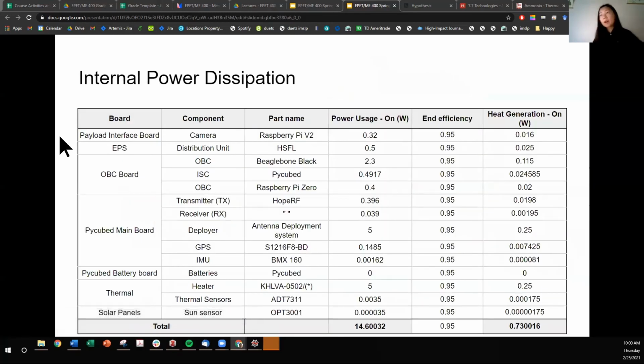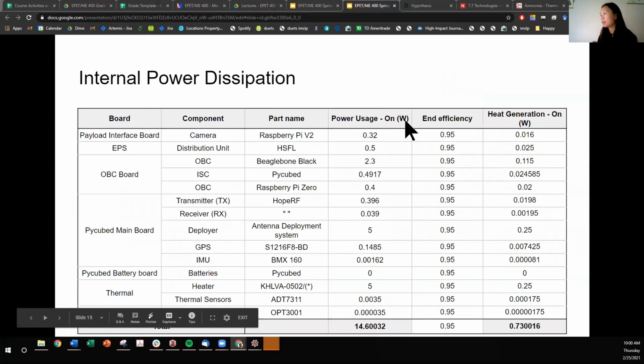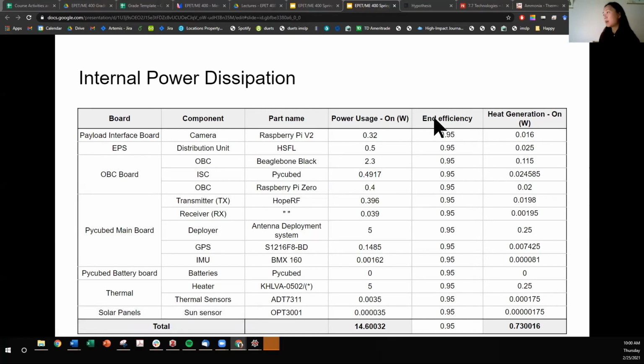And then I didn't talk about this in the radiation diagram, but your spacecraft is going to be internally dissipating heat due to the electronics not being totally efficient. So we have all of our different boards here that are using a certain amount of power. What I've assumed is that they're not totally efficient. If they were efficient, then all of these numbers would be 1.